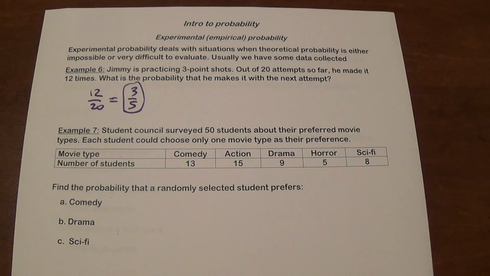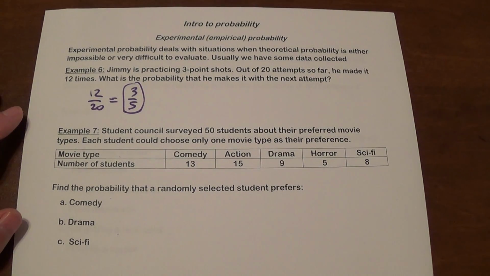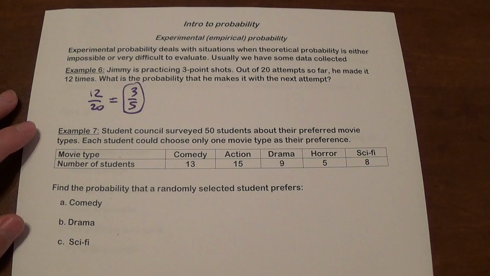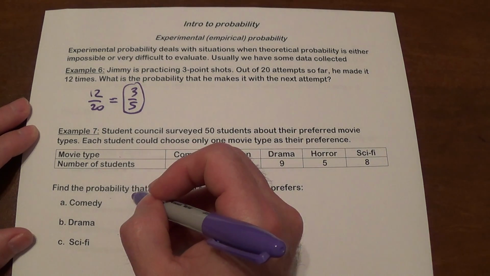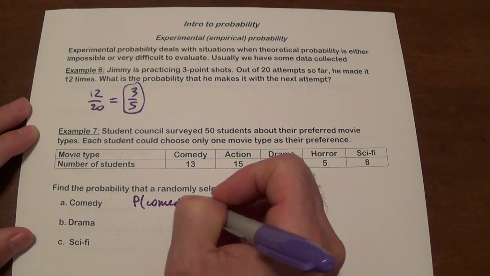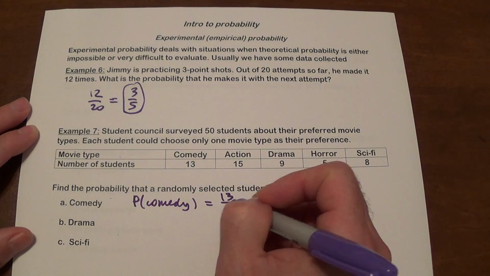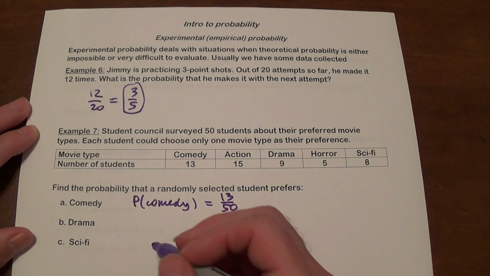So it's 13 plus 15 plus 9 plus 5 plus 8, which gives us a total of 50, just to verify, because everything needs to add up to 50. So what is the probability that a randomly selected student prefers comedy? The probability of comedy is 13 over 50. That does not simplify. This is the answer.